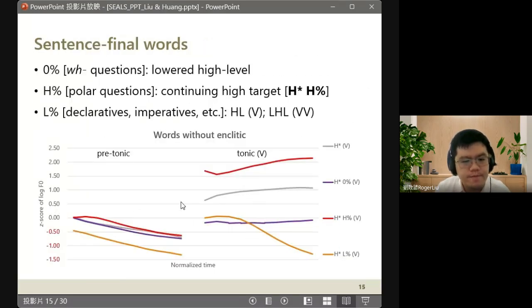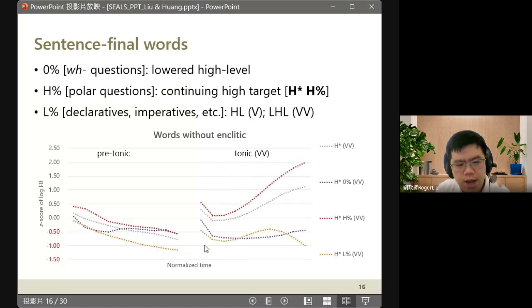That is for the declaratives, imperatives, etc., the orange line. We can see a high-low or falling contour on the tonic syllable, and a low-high-low pitch contour for a long tonic syllable.